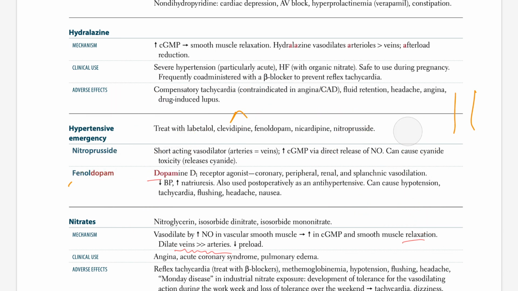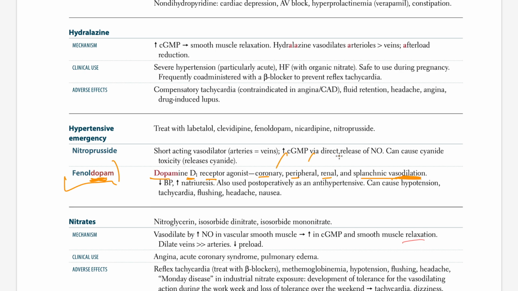Now let's talk about the other one, which is called fenoldopam. Fenoldopam, high yield, is a dopamine D1 receptor agonist. It causes coronary, peripheral, renal, splanchnic vasodilation.